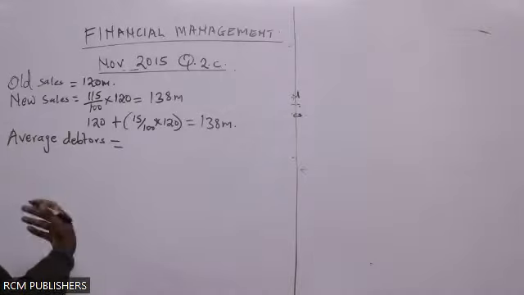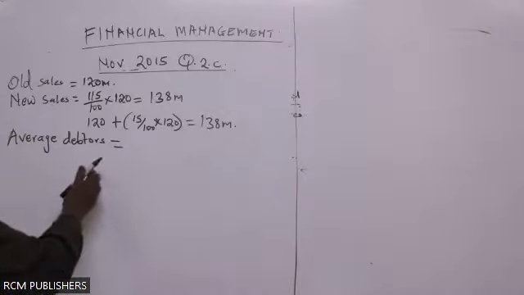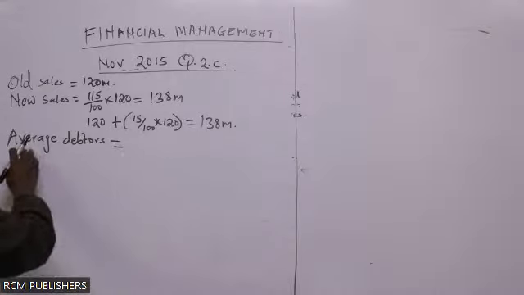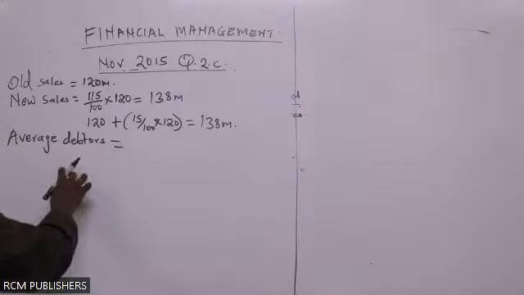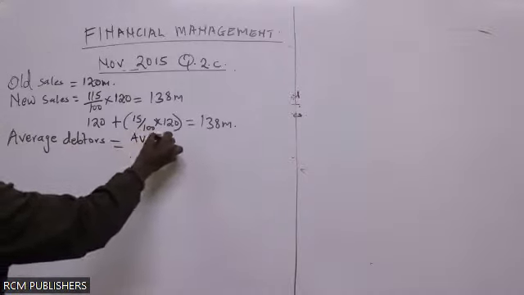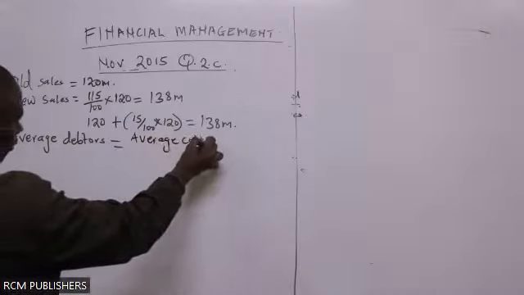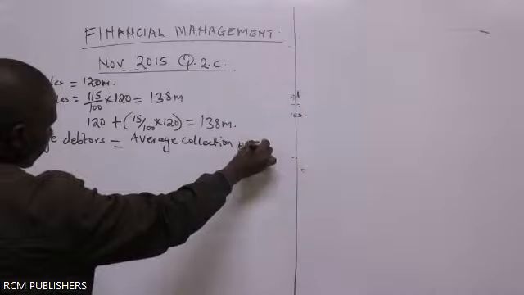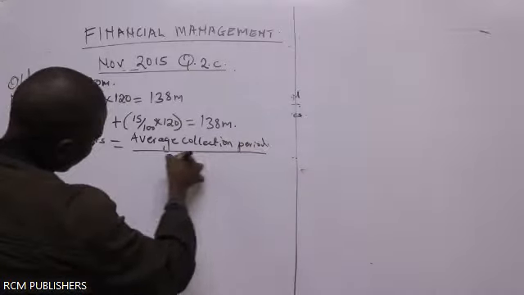Of course, the formula that I gave you is the average correction period. Now, let's see from that formula, how can we deduce average debtors? It is average correction period over number of days.